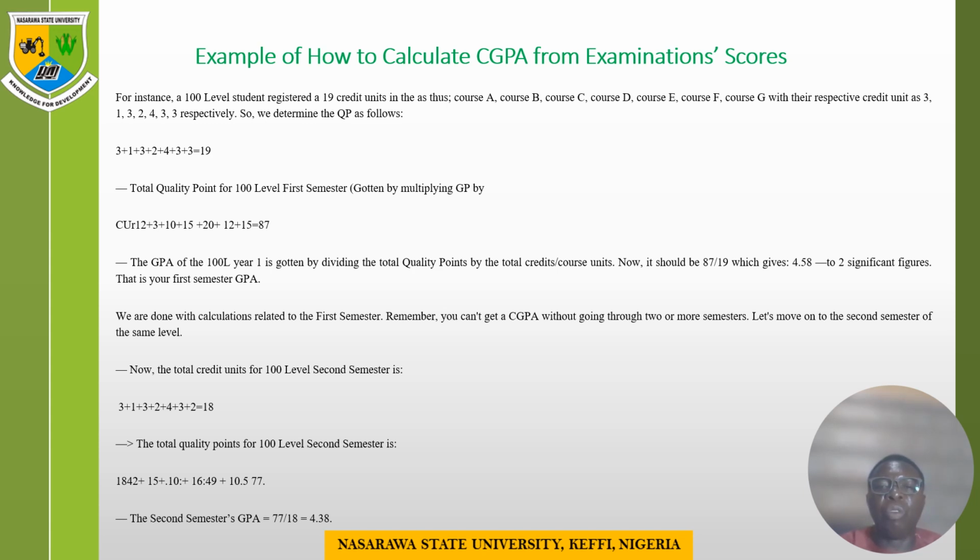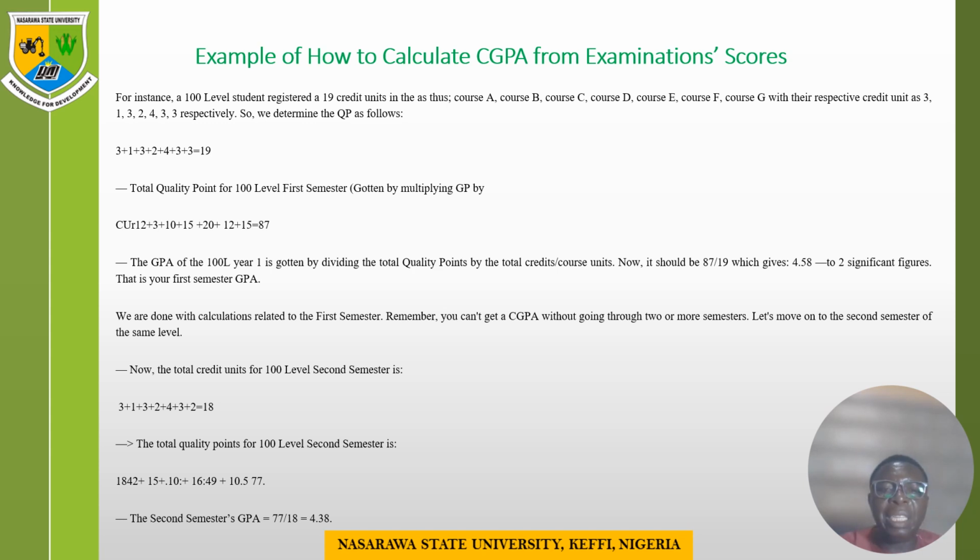And it gives us 4.58. To two decimal places, that is your first semester GPA, 4.58.